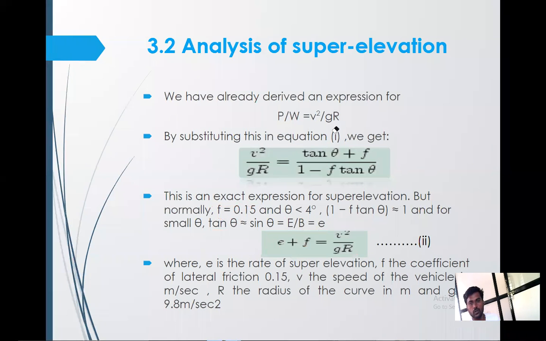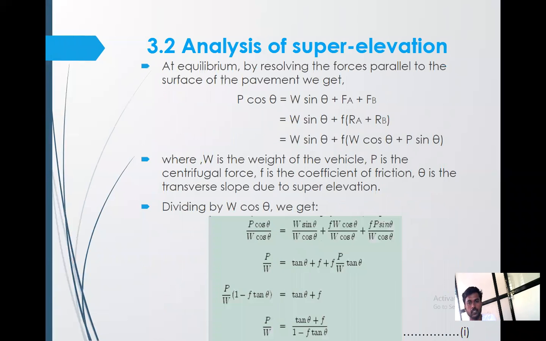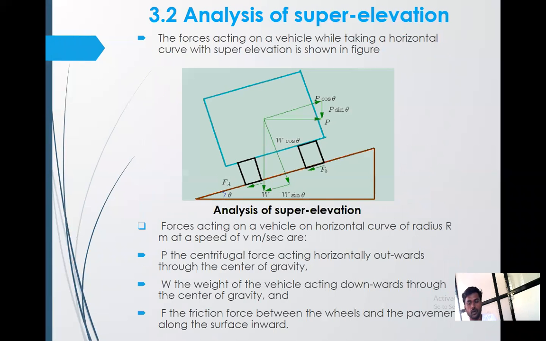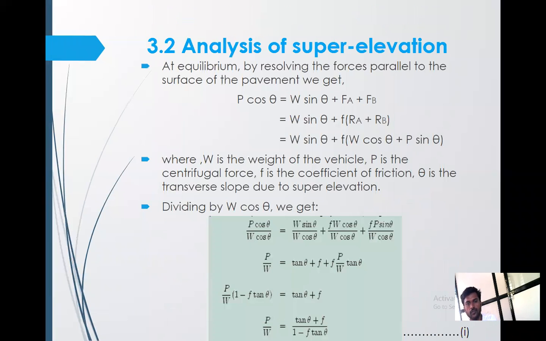I will also explain once more, and by that time write down this equation. Everyone please must write this equation. If you have drawn this figure, after that figure write down from here P cos theta is equal to, write down this equation. All of you please copy that equation.